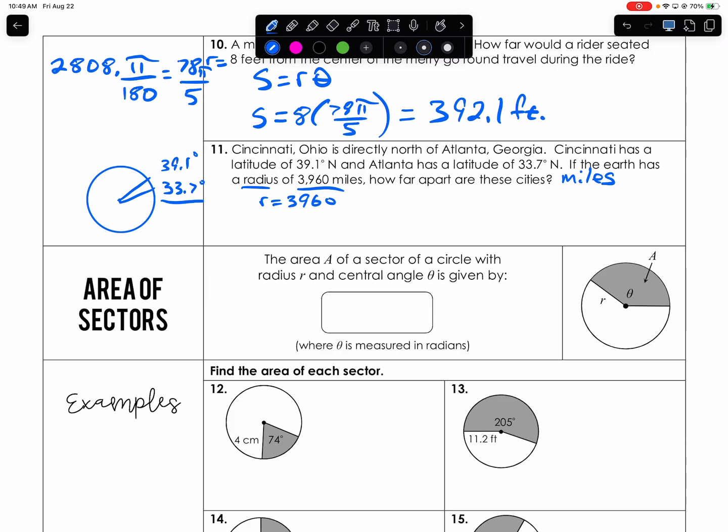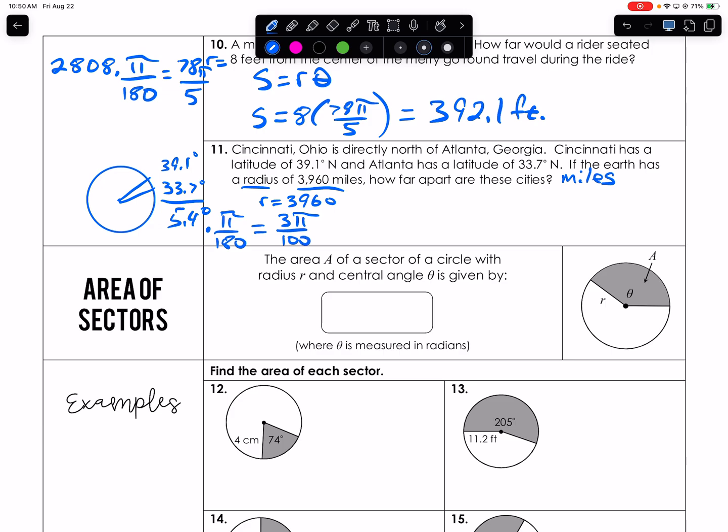Okay. So what do I have to do with 39.1 and 33.7? I subtract them, and when I do so, I get 5.4. Then I have to change it to radians, so I multiply by pi over 180. So I'm going to go 5.4 divided by 180, enter. When I do that, I get 3 pi over 100.